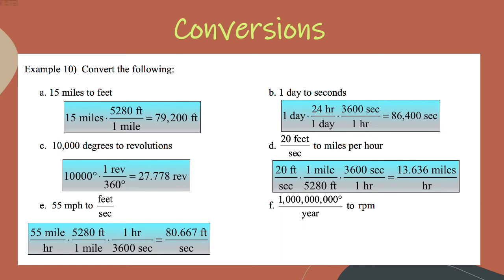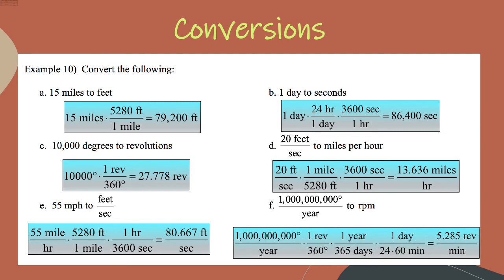We then work with the time using 1 hour over 3,600 seconds. Again, the hours cancel. So doing the math, we have 55 times 5280 divided by 3,600, and our answer is 80.667 feet per second.